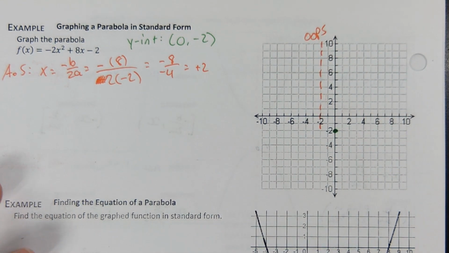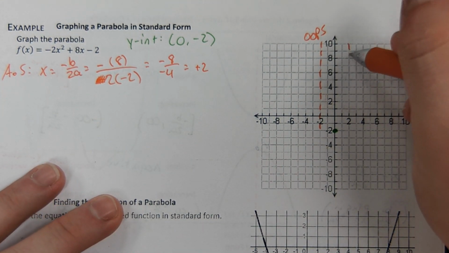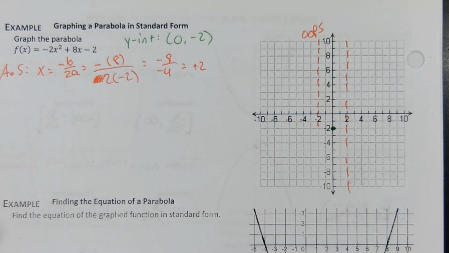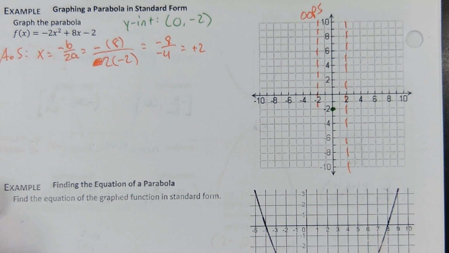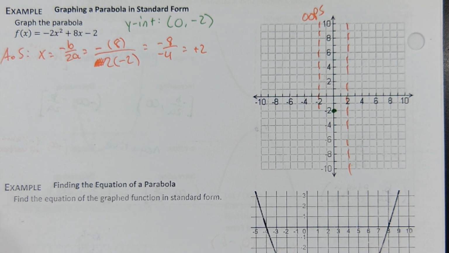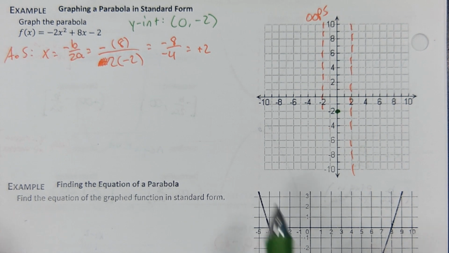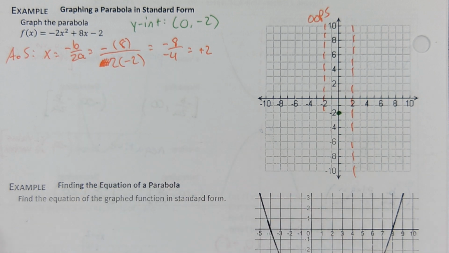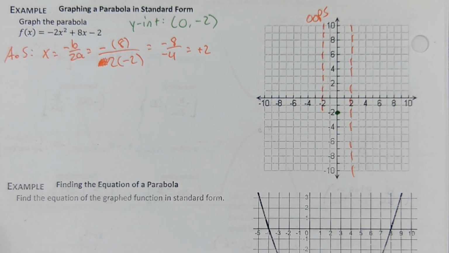Oops, sorry. That's why we don't do math in pen. Yeah, for some reason I put a negative here. I don't know what happened to my brain. I'm very tired.